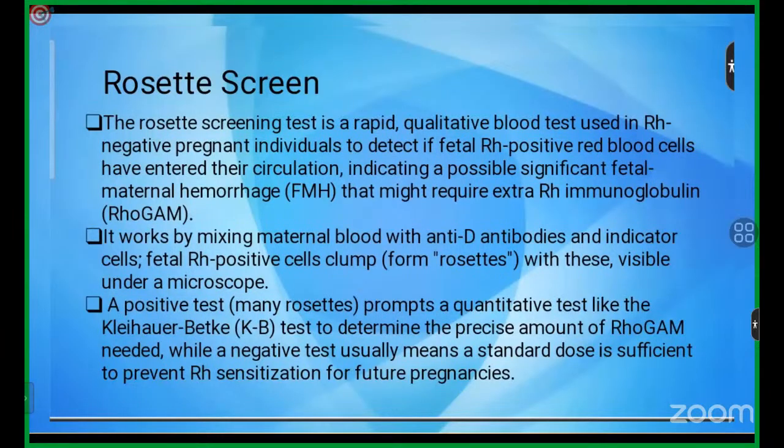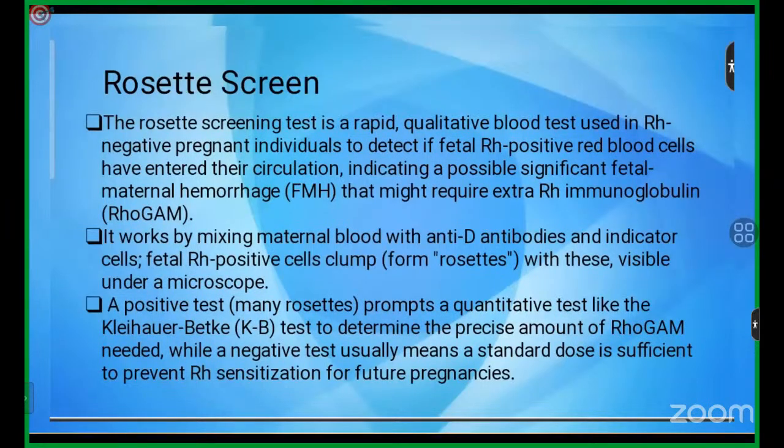This indicates a possible significant FMH that might require extra RhD immunoglobulin. So there is a threshold of FMH that we should consider, as we saw in the algorithm. If it's greater than 1, then we need to consider proceeding, as it meets the threshold of giving anti-D immunoglobulin.